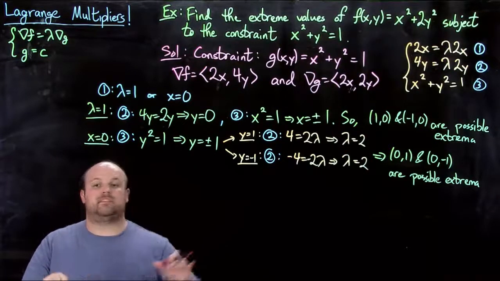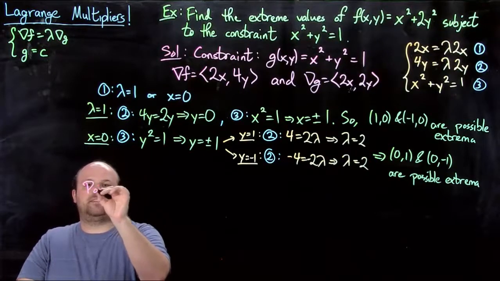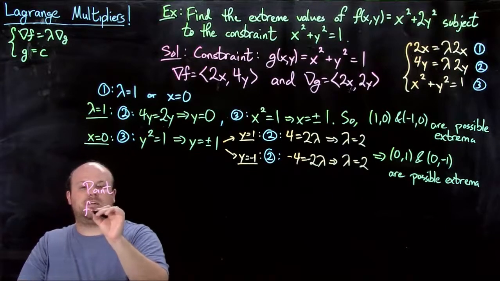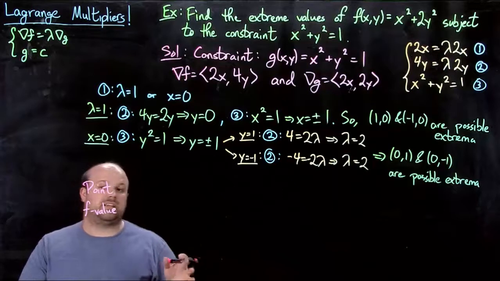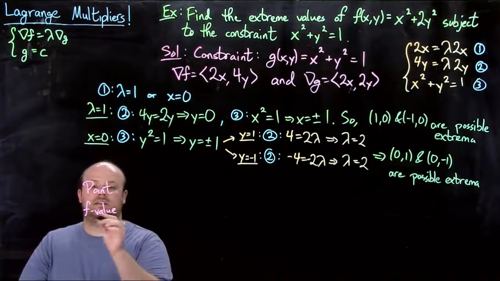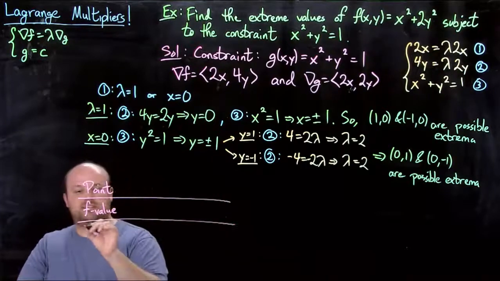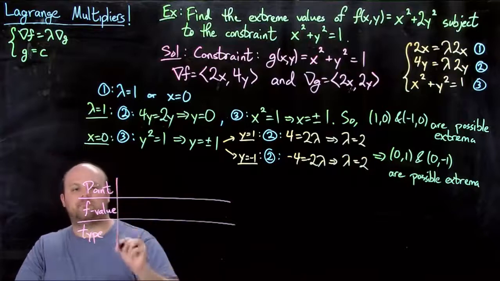Because of the board space here, I'll do it horizontally. So we'll have the point, the f value. So the value when we plug the point into the function, and then the type. So whether it's the max, the min, or just nothing.